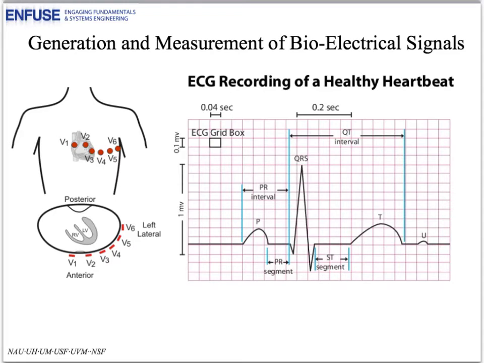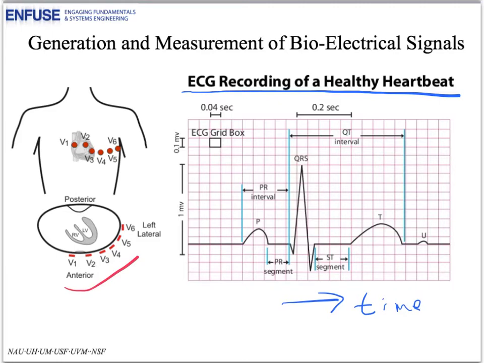So the diagram on the left shows these several different measurement sites, V1 through V6, and if we were to look at just one of those sites, then you can see the graph on the right, which is an ECG recording of a healthy heartbeat, and on the bottom is time, and on the y-axis is the amplitude measured in steps of 0.1 millivolts.